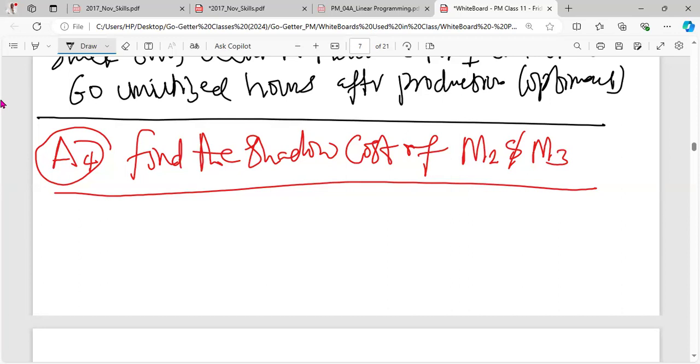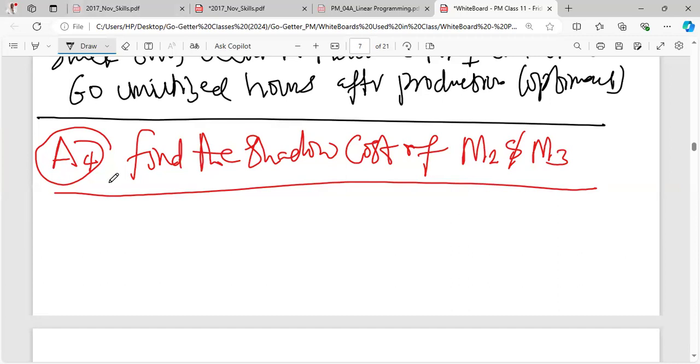It makes sense not to do it on M1 because we already have 60 unutilized hours. No need increasing it because we have unutilized hours. But in M2 and M3, there is no slack. So if we have the power to increase by just 1, what would that be?